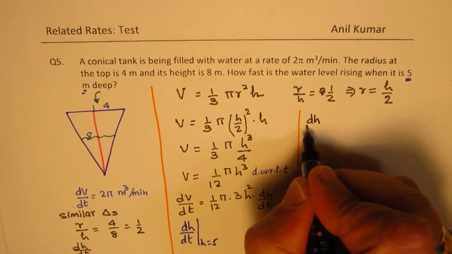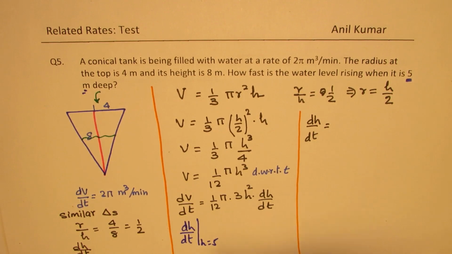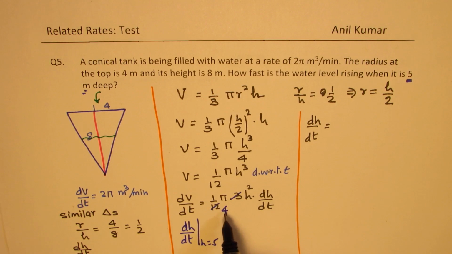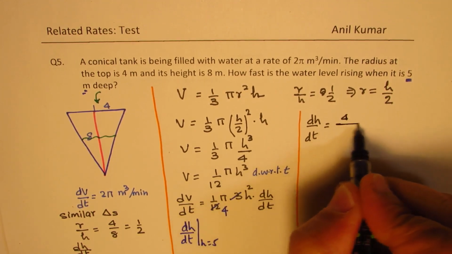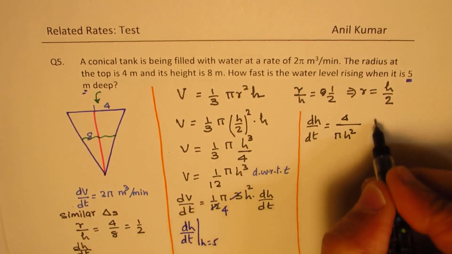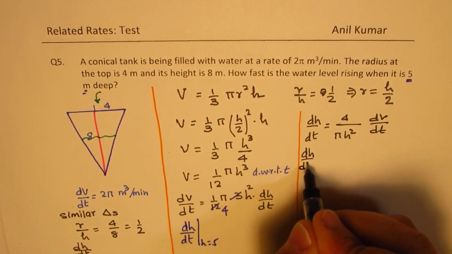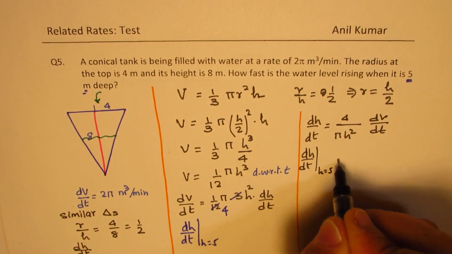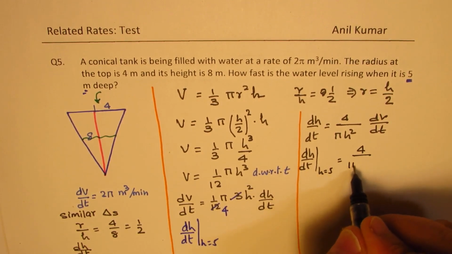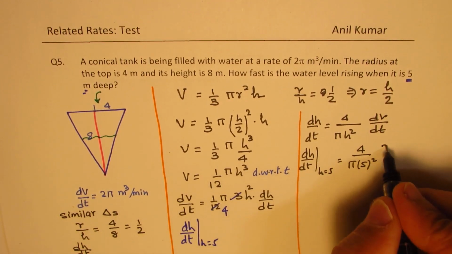Simplifying, dh/dt equals 4 in the numerator, with the denominator π h², times dV/dt. Now dh/dt for height equal to 5 will be 4 over π times 5 squared, times dV/dt, which is 2π.